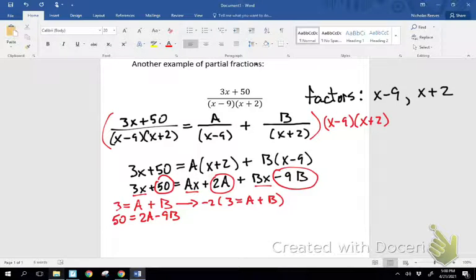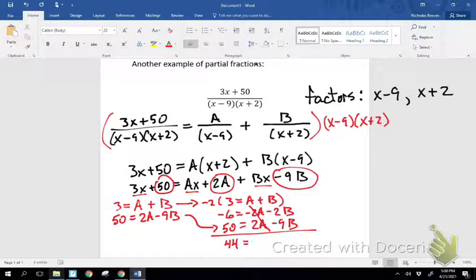We end up with negative 6 equals negative 2a minus 2b. And then I'm going to add that resulting equation to my second equation. And the a's cancel out. So we have 44 equals negative 11b, and b is negative 4.